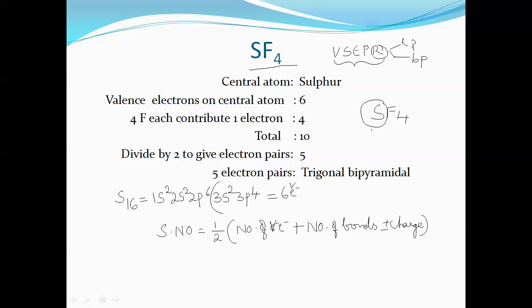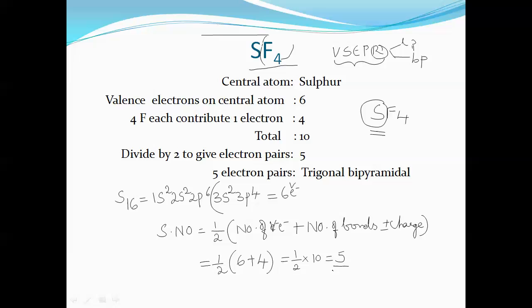So sulfur is the central atom. Half into the number of valence electrons on the central atom, which is 6, plus the number of bonds, which is 4 because it is connected to 4 fluorines, gives half into 10, which is 5.